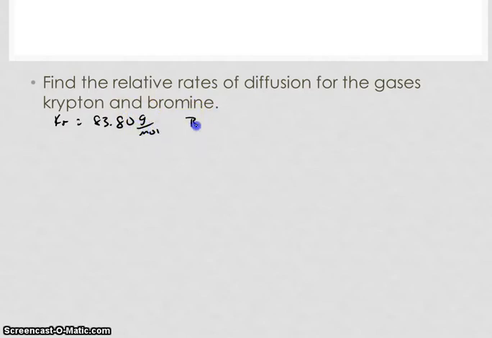We have to remember that bromine is diatomic, and that's going to give us 159.80 grams per mole. So when we look at these two gases, we know that krypton is going to diffuse faster than bromine because it's lighter. And the gas that diffuses faster is the gas we're going to designate as gas 1.